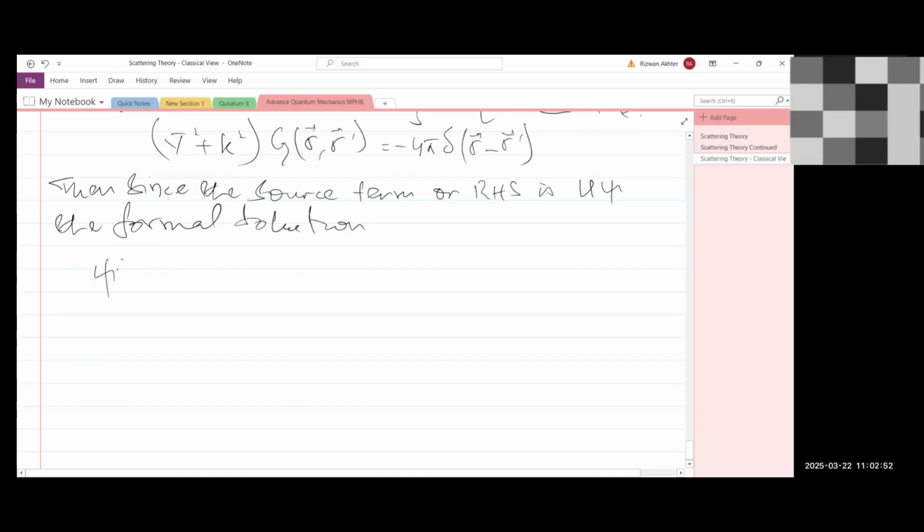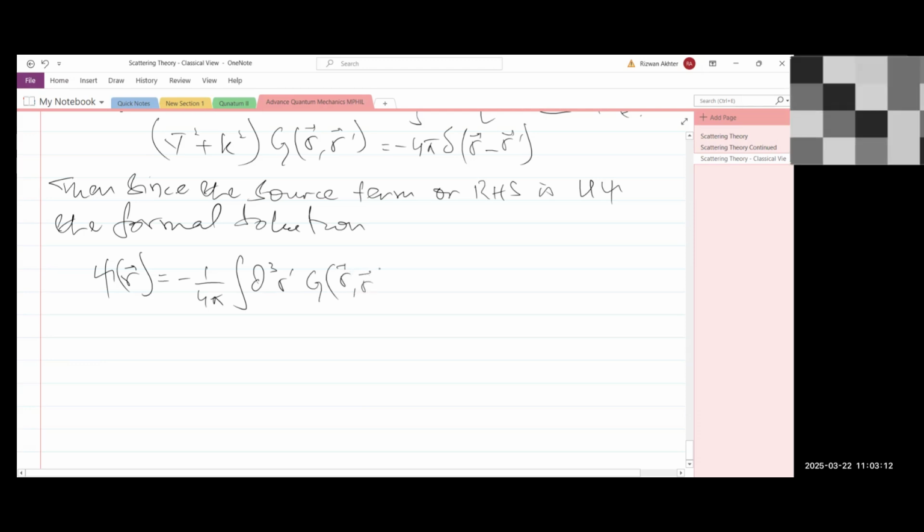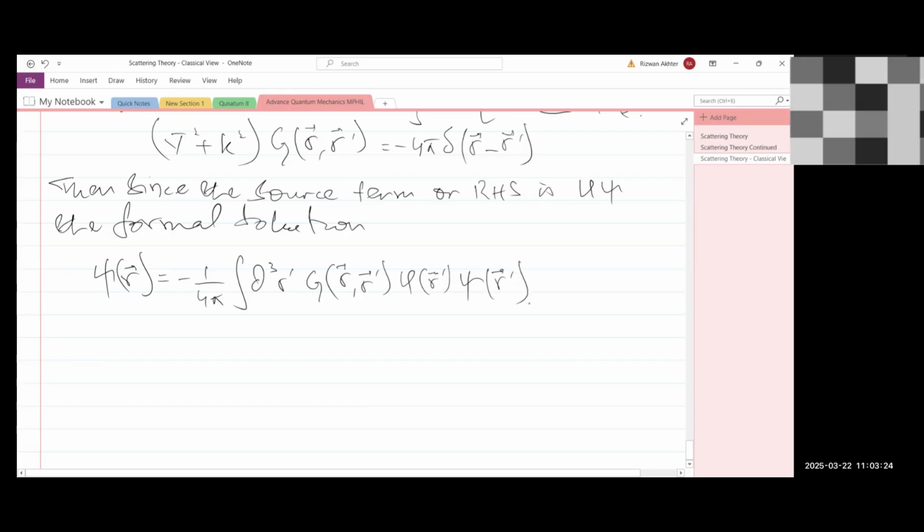That would be psi of r, which equals -1/4 pi integral d3 r prime (we are talking about free space, in the space of r prime coordinate) times the Green's function G(r, r prime) times u of r prime and psi of r prime. And this is basically also a particular solution.